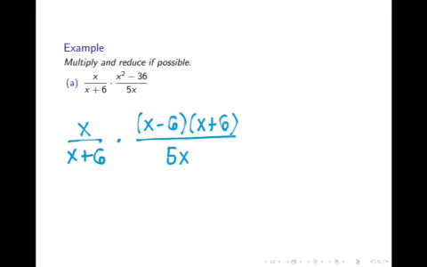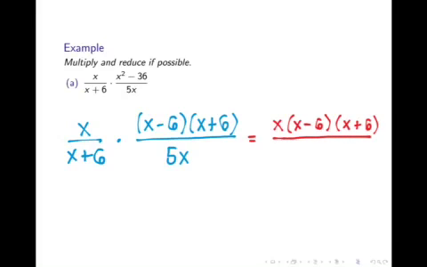So now that we have factored both the top and the bottom, we can do the second step, which is to multiply straight across. And so if we multiply together everything in our numerators, we'll have x times x minus 6 times x plus 6. And notice again that I'm keeping everything in the factored form.